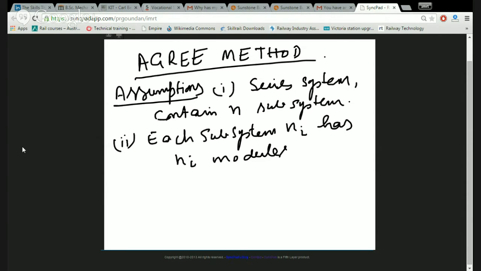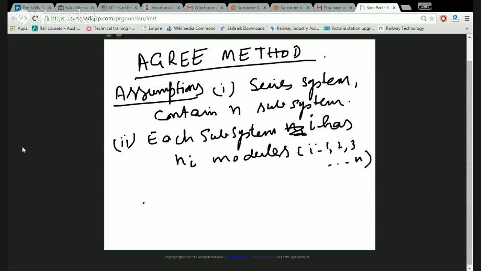No mistake here. Each subsystem i has ni modules. i is what? 1, 2, 3, 4, up to n. So i equal to 1 to n subsystems are there, and each subsystem has ni modules.